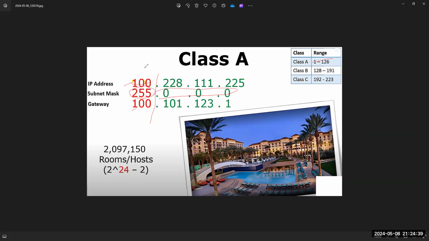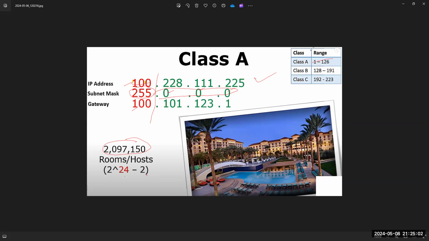This gateway and this gateway are the same. We can create a network, right? Now, 8 plus 8 plus 8, 24. 2 raised to 24 minus 2 is the number of hosts which I can create using class A, right? So these are all the segregations of the IPs within different classes, right?